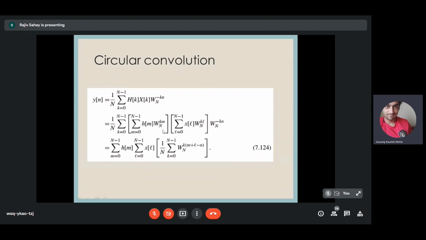So we see that you can now interchange the order of summations. Here you are taking m outside, with h of m here, then l here, and you push the k summation inside. So you will have h of m here, then x of l here, and W_N^{k(m plus l minus n)}. You collect all the twiddle factors, and then you get this particular term.